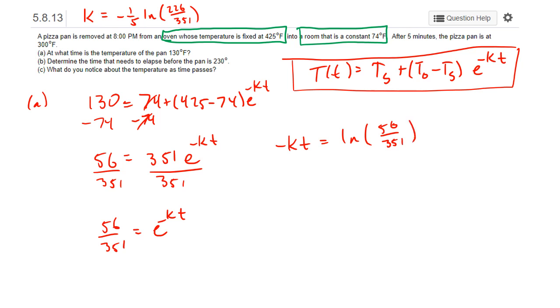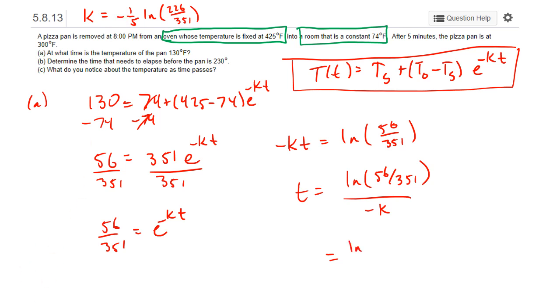Now I can divide by negative k. So t is equal to the natural log of 56 over 351 over negative k. And now I'm going to go ahead and plug in my value of k. Note, by the way, up at the upper part of the page, k has this minus sign built into it. So negative k will cancel that minus sign out.